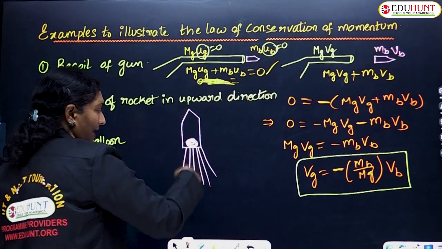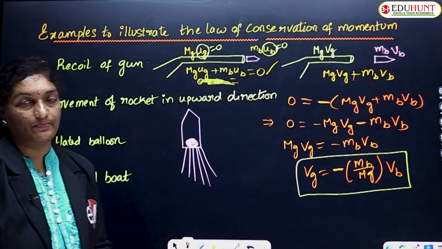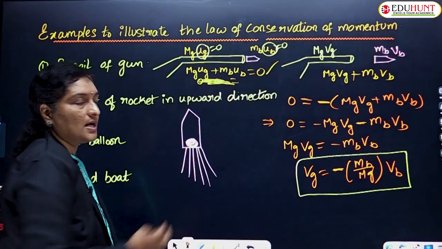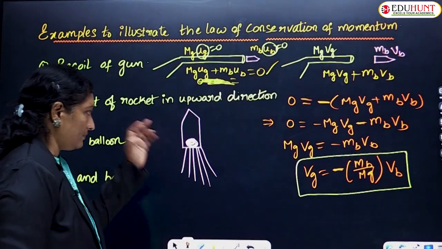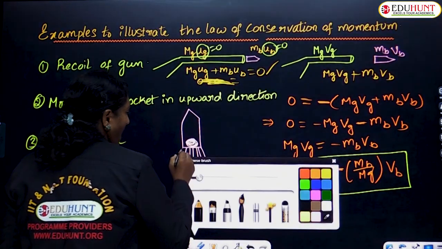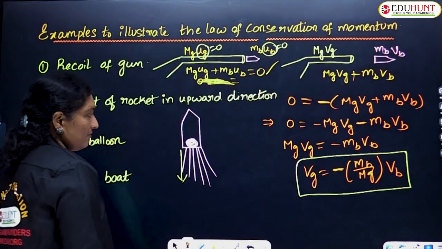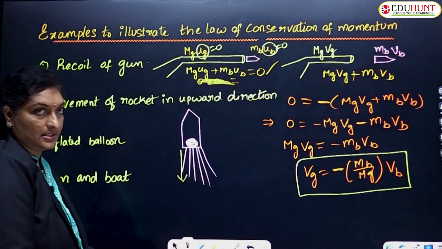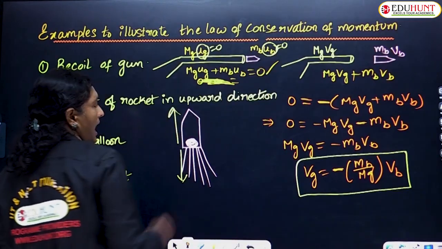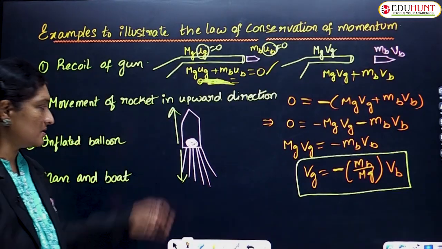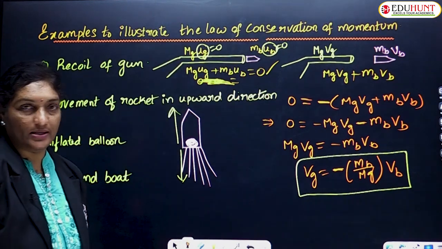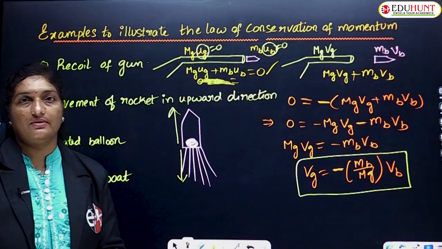According to the law of conservation of momentum, as no net external force is acting on it, in order to maintain this conservation, as the gases are coming out with high velocity in the backward direction, the rocket will move up in the opposite direction. Gases will be coming downwards, whereas the rocket will be moving upwards. This is all according to the law of conservation of momentum.